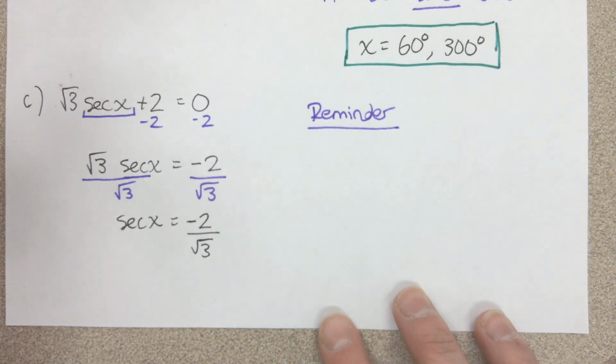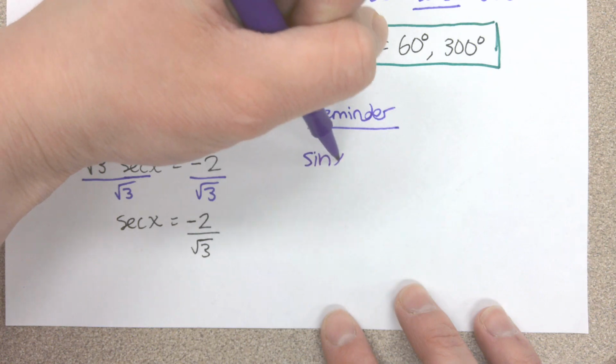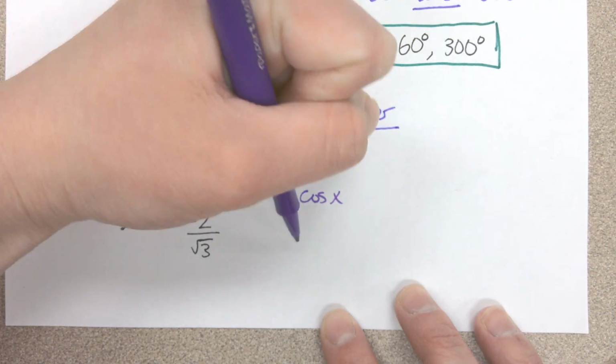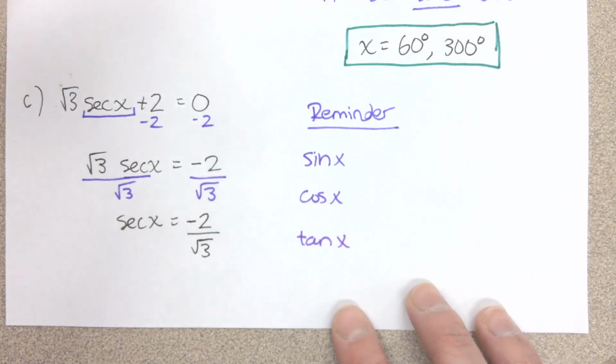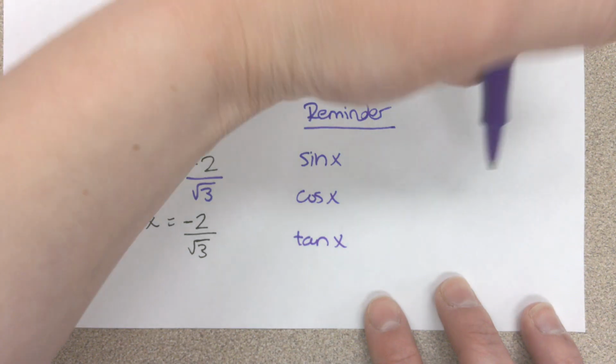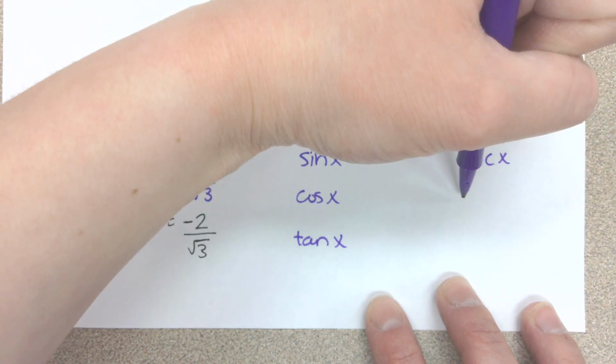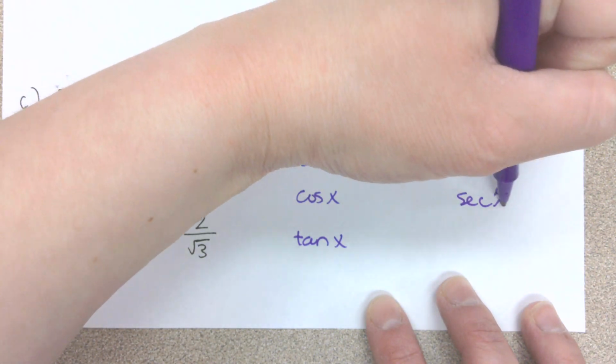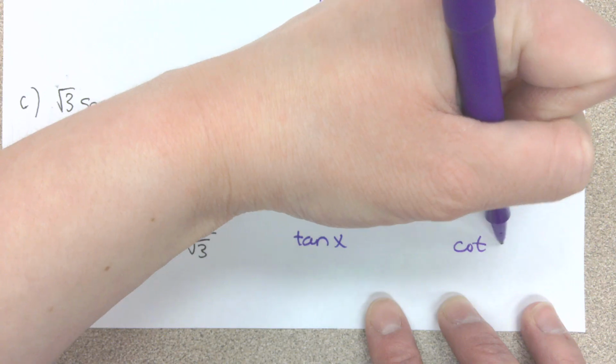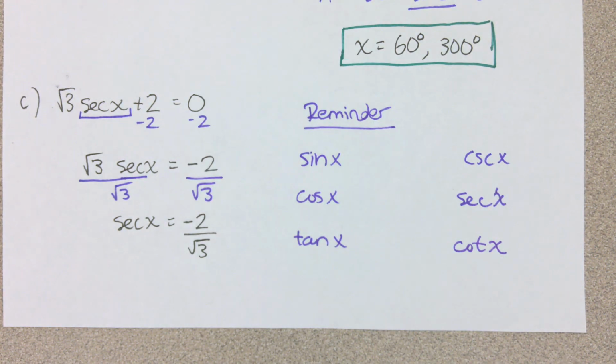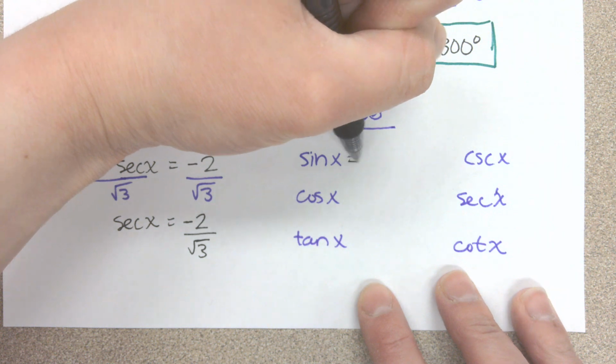Reminder of our trig functions: sine, cosine, tangent, and their reciprocals, cosecant, secant, cotangent. And we remember their trig ratios.